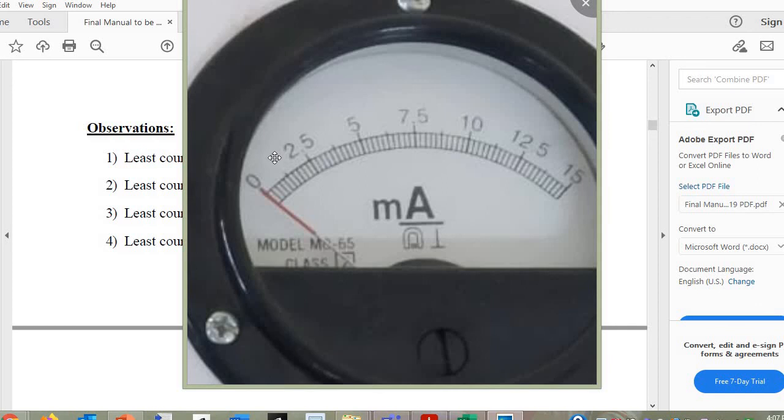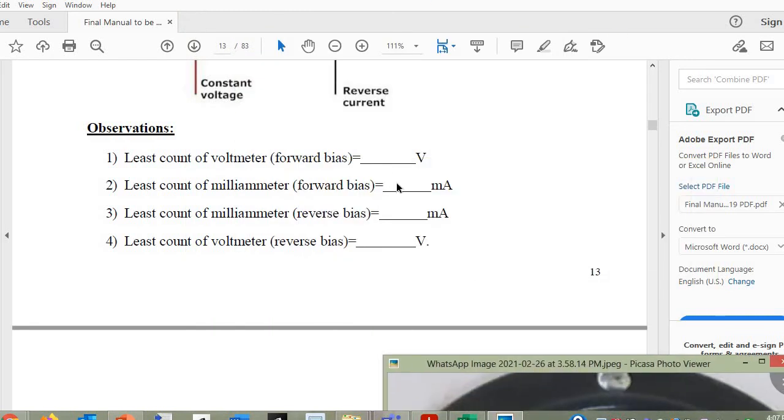Simple calculation: 2.5 divided by 10. There are 10 divisions in between 0 and 2.5, so 2.5 divided by 10 becomes 0.25 milliampere. We are talking about the milliampere scale, so the unit will be milliampere. 0.25 milliampere will be the answer for this particular meter.